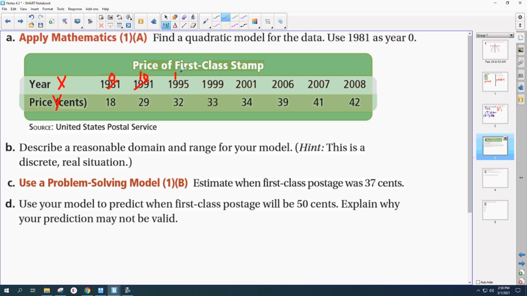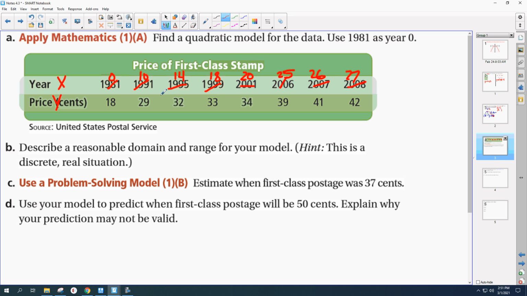And 1995 would be 14 years after we started, and 1999 would be 18 years. 2001, that would be 20 years. 2006, 25 years. 2007 is 26 years. And 27 years. All right, so keep that in mind there. You're going to use those numbers for your x numbers. You don't want to use 1981.